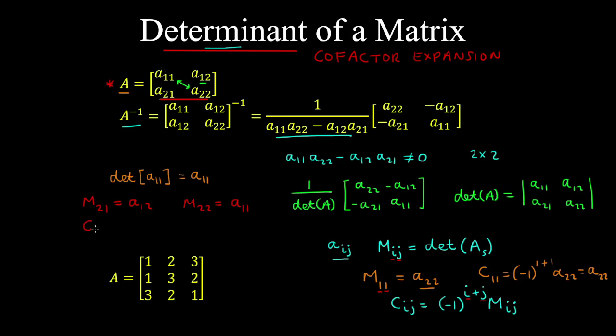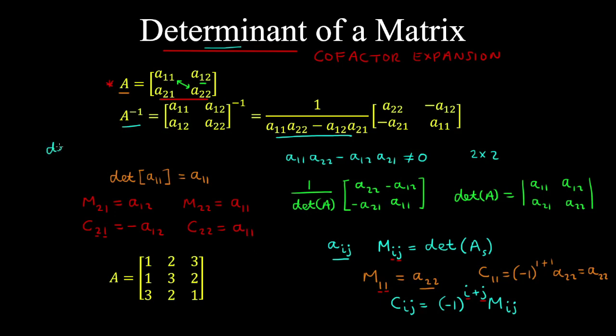And therefore the cofactor of the entry in row 2, column 1 is minus 1 to the power of 2 plus 1, which will give a negative result. So that will be minus A12. And the cofactor of the entry in row 2, column 2 is minus 1 to the power of 2 plus 2, which will be positive. So that'll be A11.